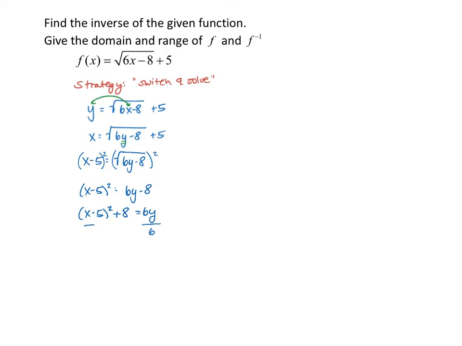And then divide everything by 6. So x minus 5 squared divided by 6, we could write that as 1/6 times x minus 5 squared. 8 divided by 6, we could reduce that to the fraction 4/3. So using our inverse notation, our inverse function is 1/6 times x minus 5 squared plus 4/3.